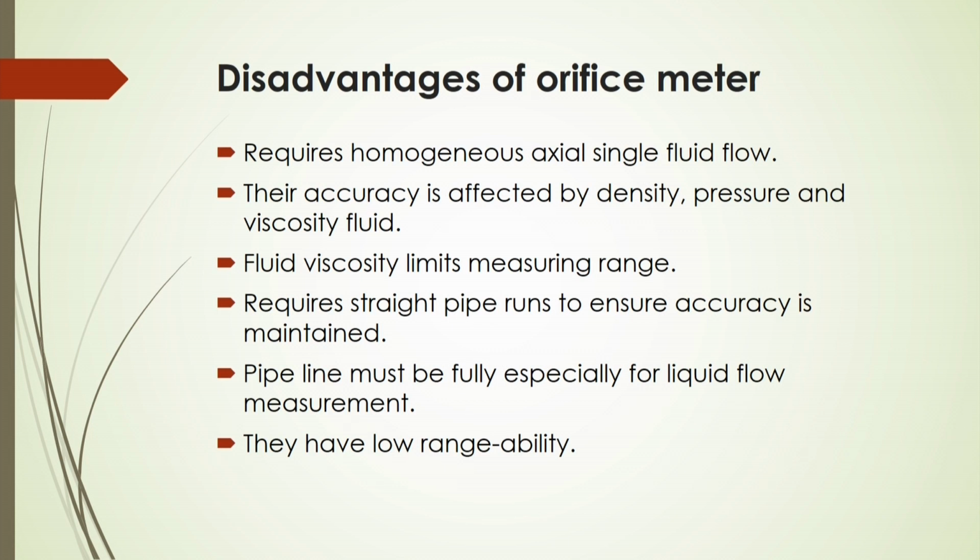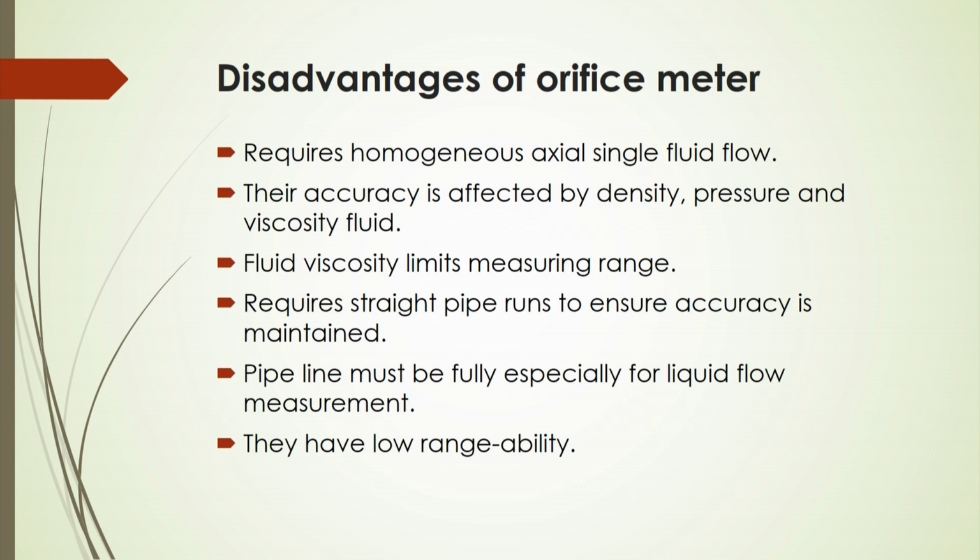Now, some disadvantages can also be seen for measuring the fluid flow rate by orifice meter. Whenever you use this orifice meter, it sometimes requires homogeneous axial single fluid flow, and it is not applicable otherwise.